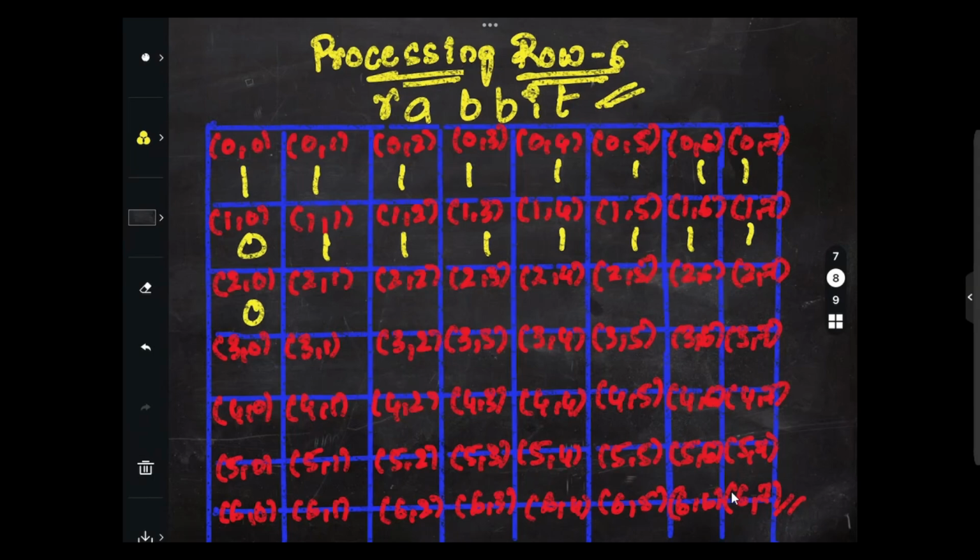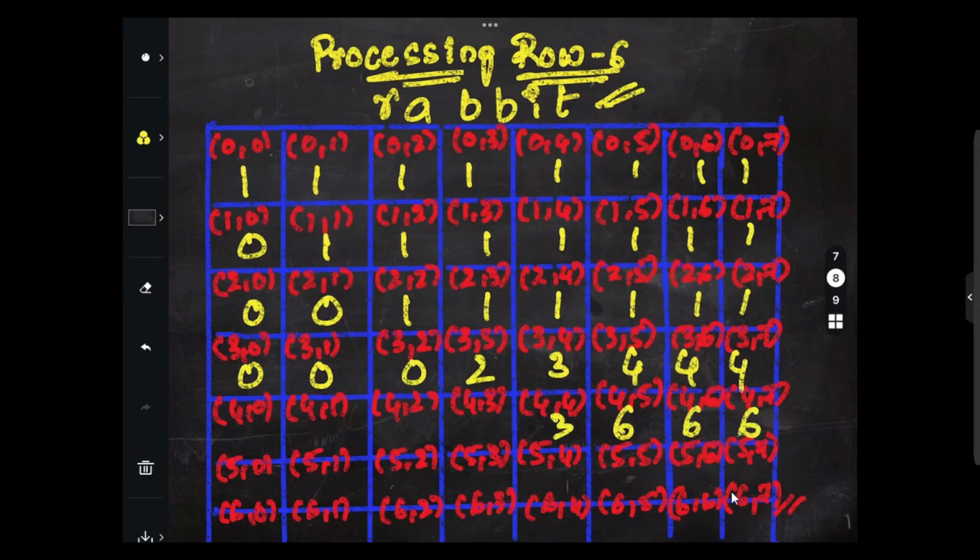Just give me a second. I forgot. This one will be 0 0. This is fine. This is 2 3 4 4 4 and 3 triple 6. This is fine as well.